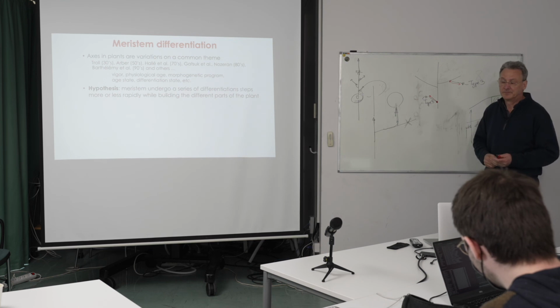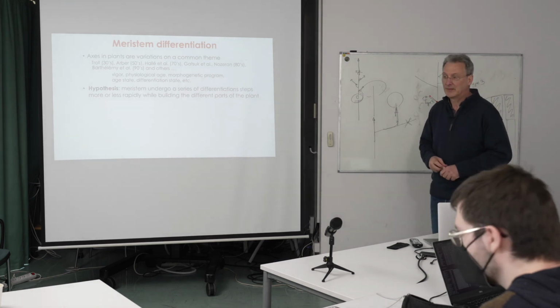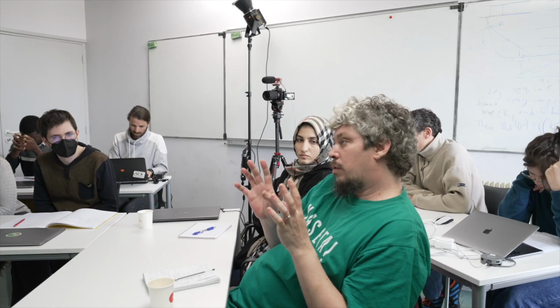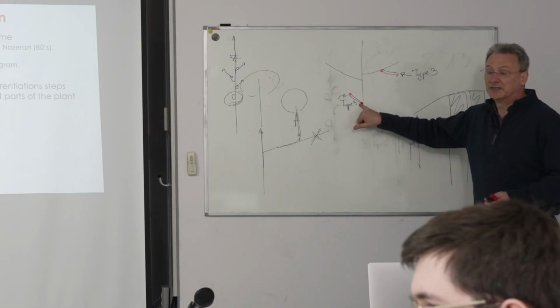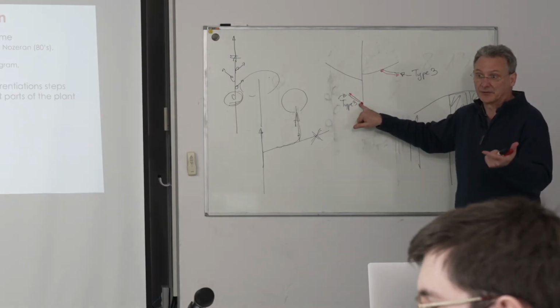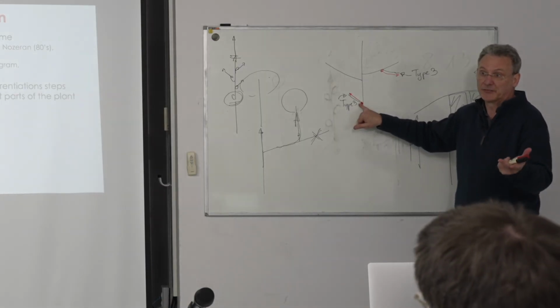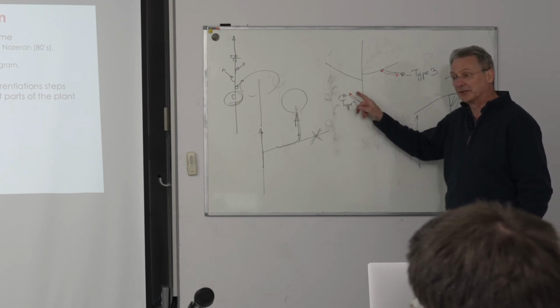It's more than just the possible differentiations of cells. It's not only what you can produce; it's also the phyllotaxis. Yes, it's everything. When I say a type of axis here, it's really the phyllotaxis, the length, the elongation of organs. It's everything that is included here.